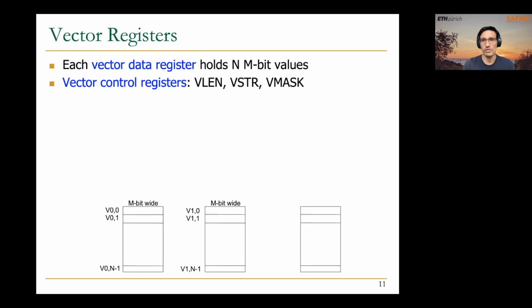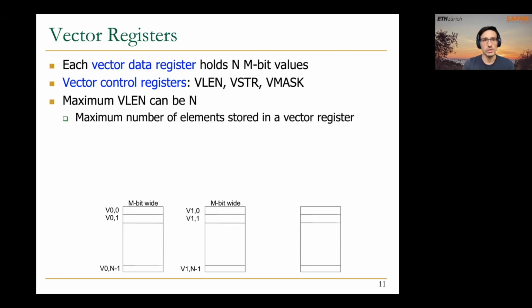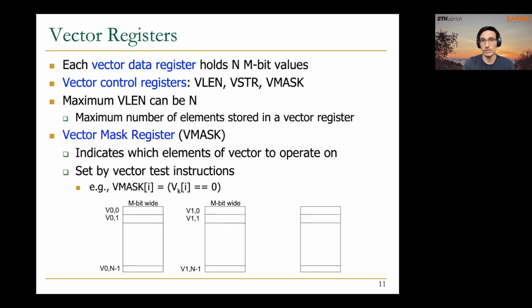And that's going to be very useful for conditional execution. For example, to implement if-else statements in vector and SIMD processors. There is a maximum vector length that can be n. In the end it is the maximum number of elements that you can store in the vector register.